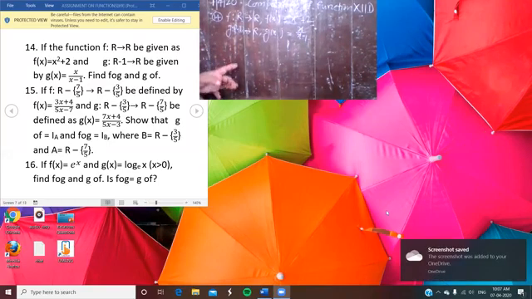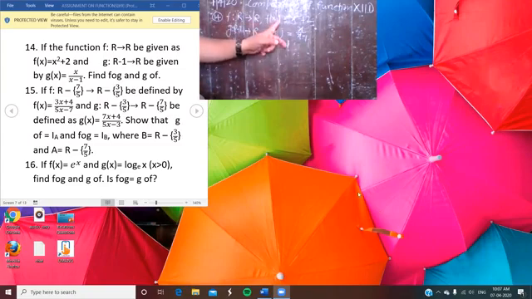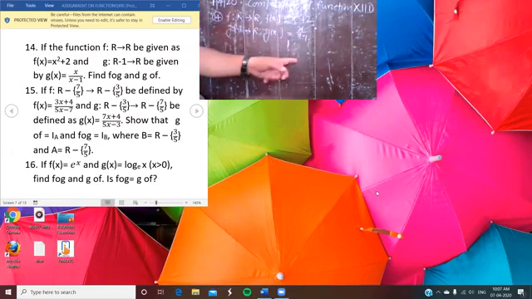Here it is given f function and g function. f is such that R to R defined as f(x) is equal to x square plus 2. g is such that R minus 1 to R, g(x) is equal to x upon x minus 1. And you have to find the value of fog.